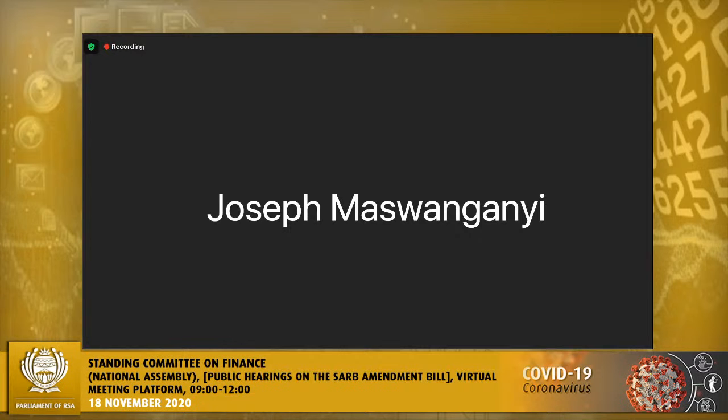I also point you to Populism and Central Bank Independence by Charles Goodhart and Rosa Lastra, published in the Open Economics Review. And I also point you to a book called Unelected Power, The Quest for Legitimacy in Central Banking and the Regulatory State by Paul Tucker. And I think that reading these books and publications will certainly help to clarify some of these issues that seem unclear in Mr. Selamolela's mind.